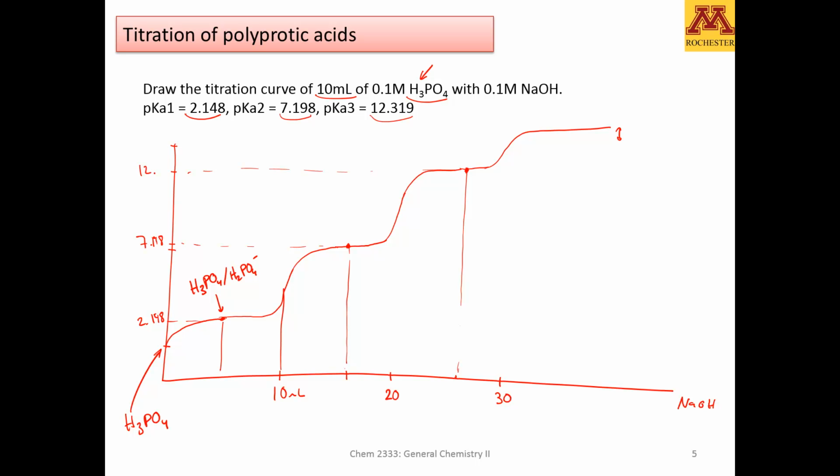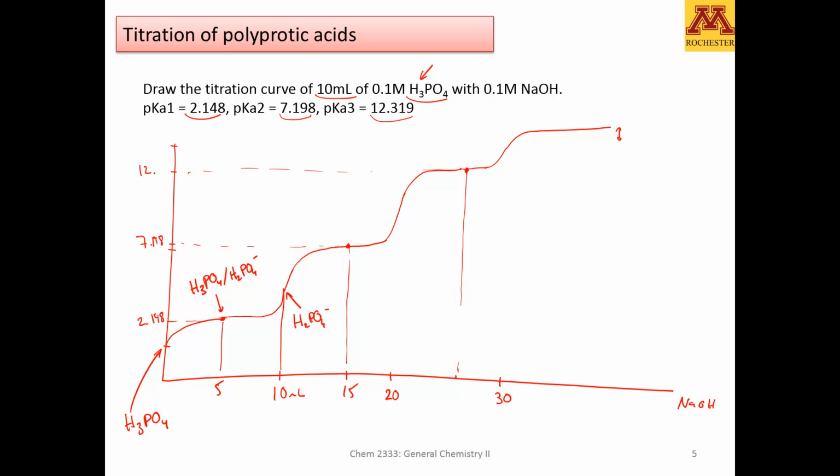What's important to know in all this titration curve is to understand, 1, what species exist at each point, and 2, how to calculate the pH. Well, calculating the pH halfway in the buffer area is fairly easy, because you know that the pH is equal to pKa. Notice that here what you have is hydrogen phosphate. How can we calculate the pH of this solution?